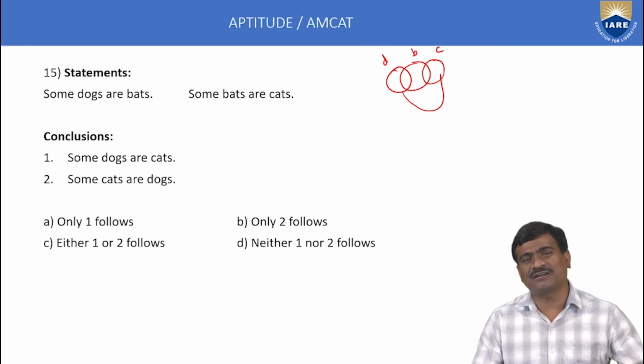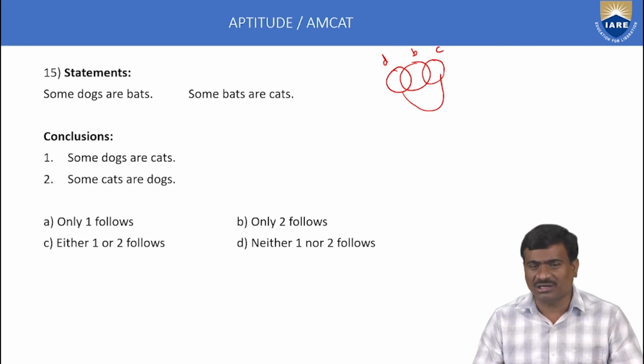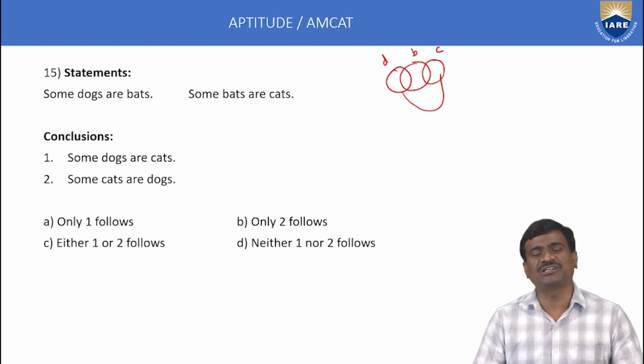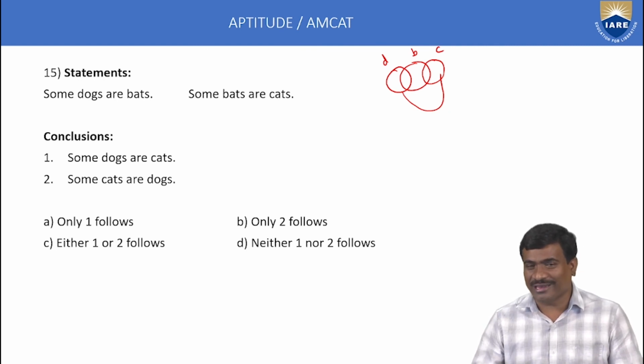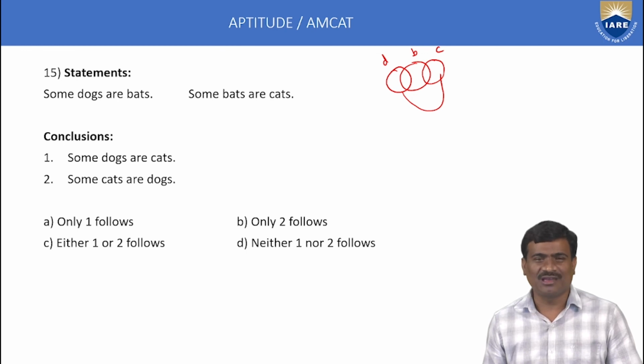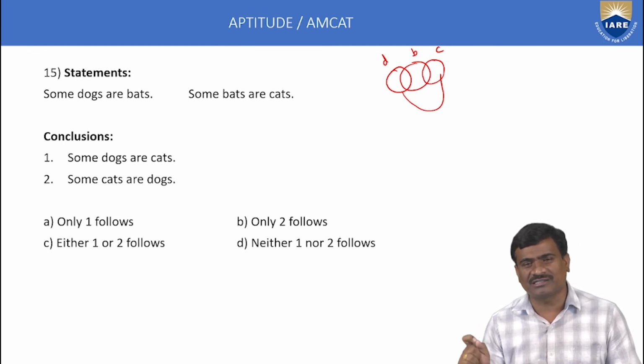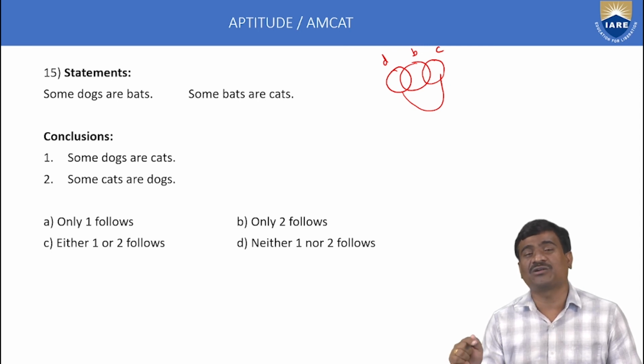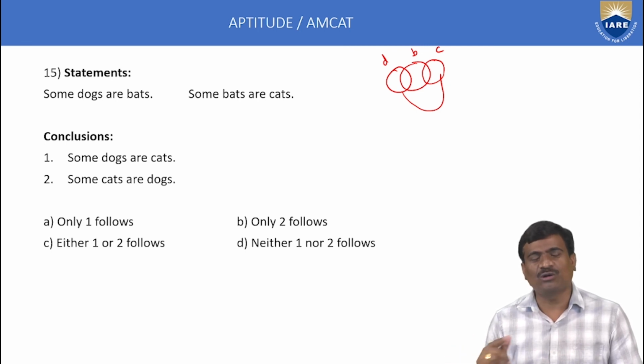The two statements are individually not correct, and that combination only is correct. Here, the either or answer is either no dog is a cat or some cats are dogs. That is called either or.